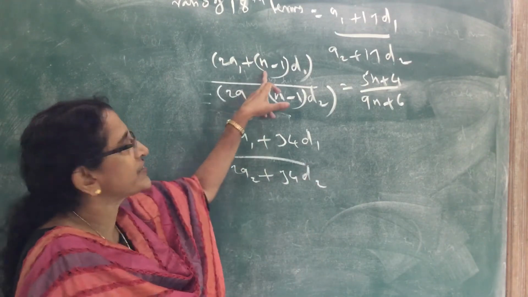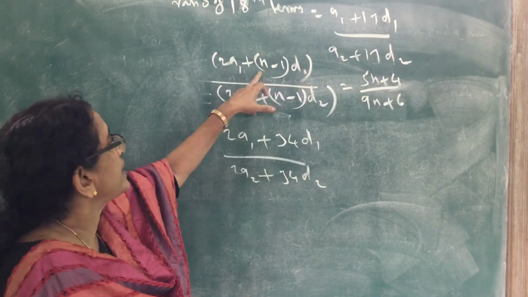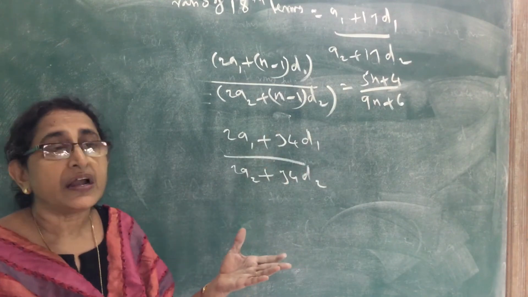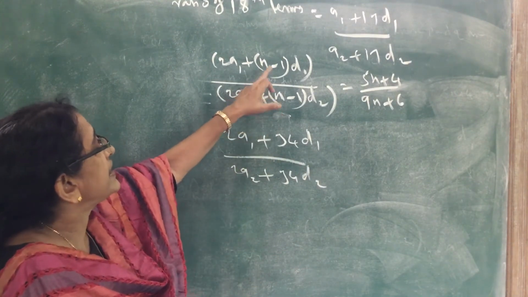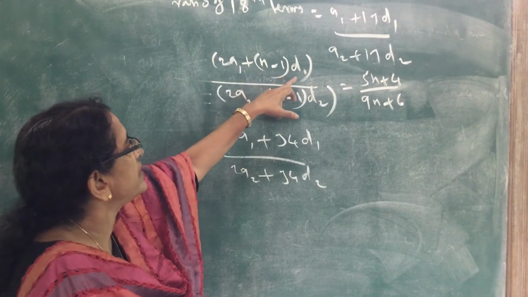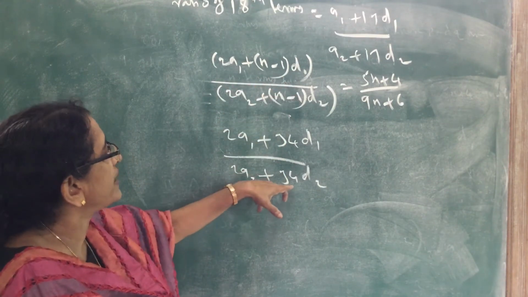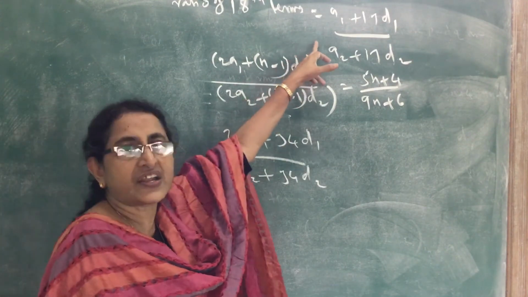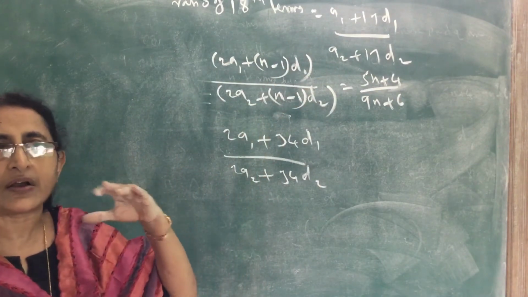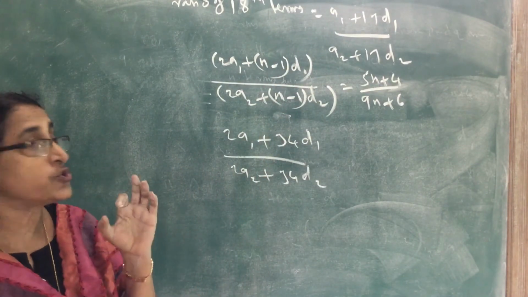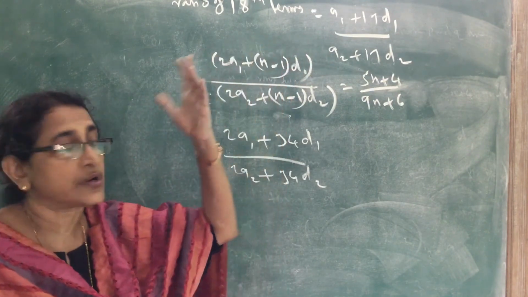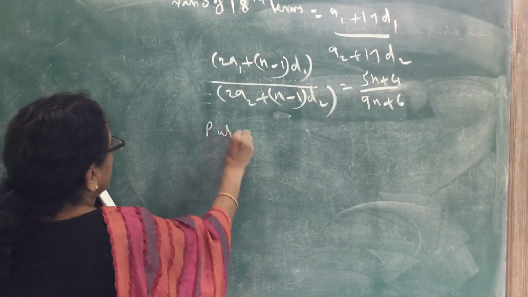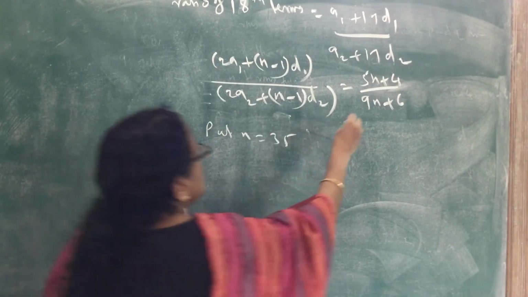When we put n equal to 35, we get 2a1 plus (35 minus 1) d1 divided by 2a2 plus (35 minus 1) d2. Taking 2 as a common factor and cancelling, we get the required ratio. So put n equal to 35 in equation 1.